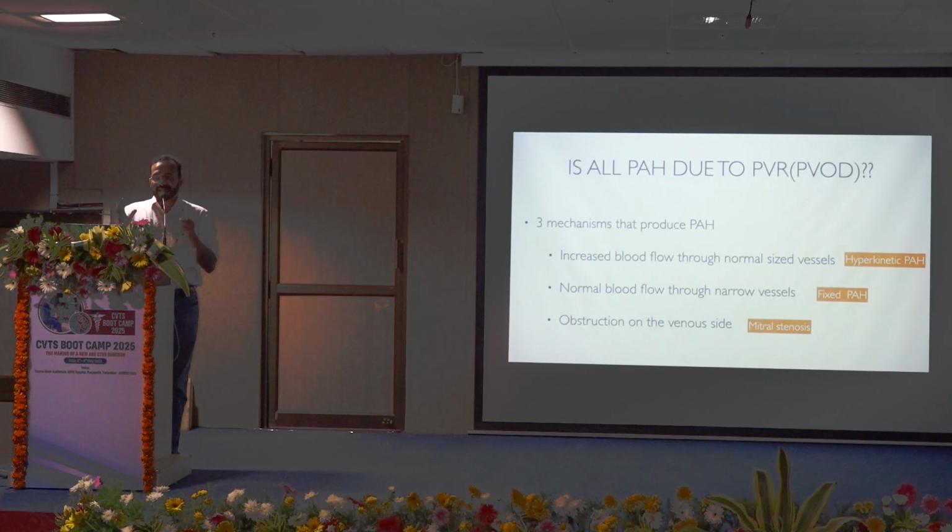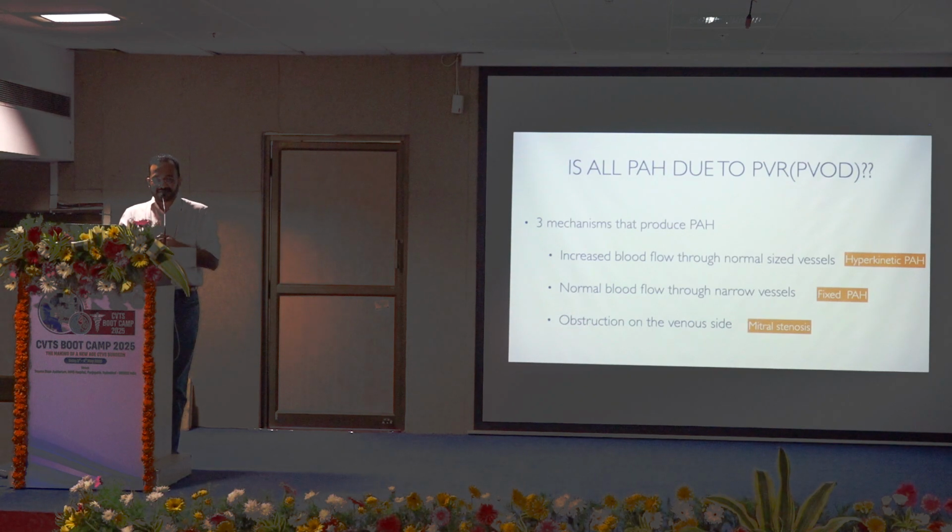There are 3 mechanisms by which you can produce PH. One is increased flow. If you have a tube of a fixed diameter that can accommodate 5 liters of flow, and you try to push 10 liters, you're going to produce a high pressure proximally. That's the mechanism called hyperkinetic PH.